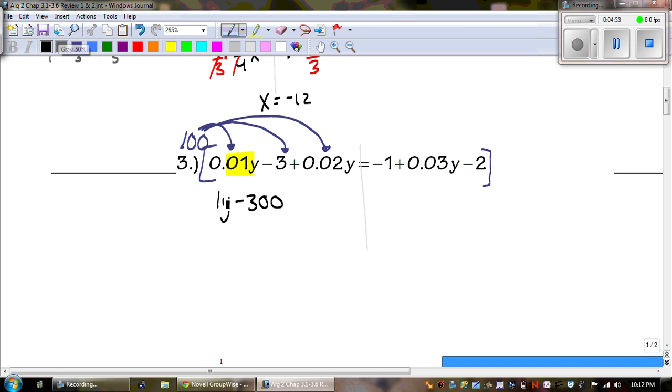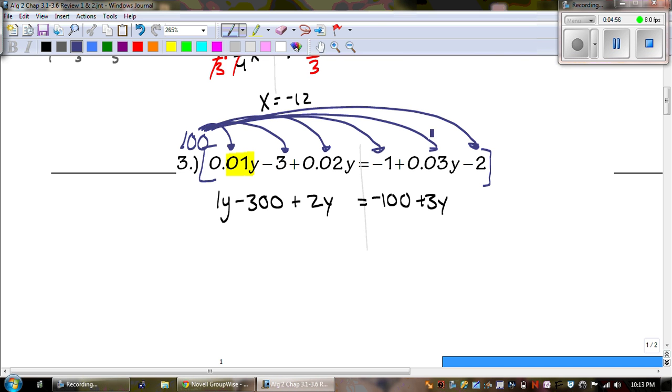Okay, so far we have 1y minus 300 plus 2y equals, and I have to keep multiplying. 100 times negative 1 is negative 100. That turns into plus 3y. And then 100 times negative 2 gives me negative 200.